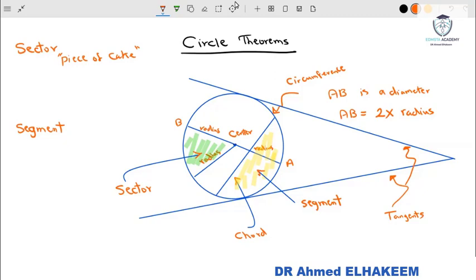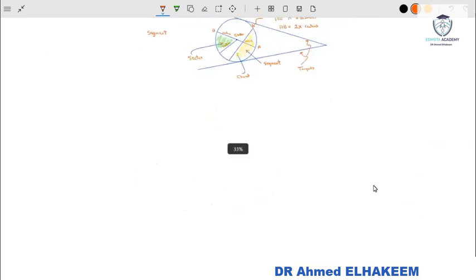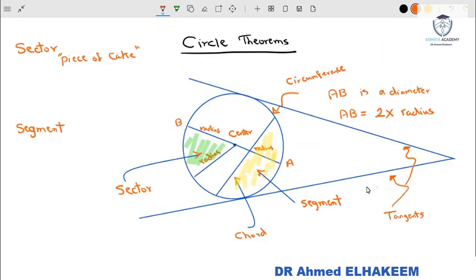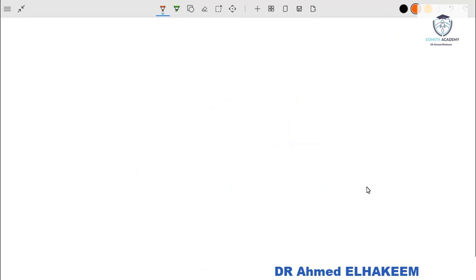Now we need to know about the theorems. All this I think you know. We will go through some rules. Okay, so let us start with rule number 1.